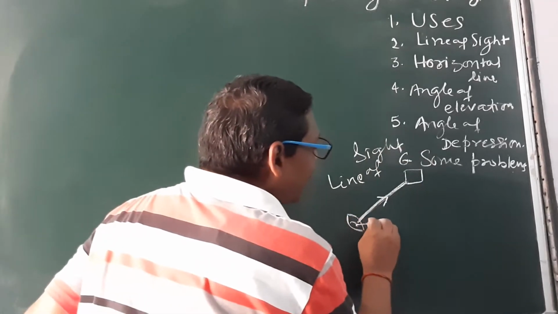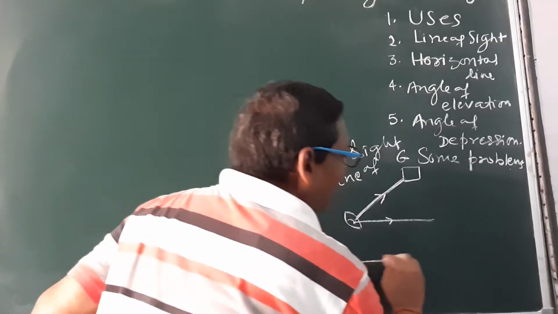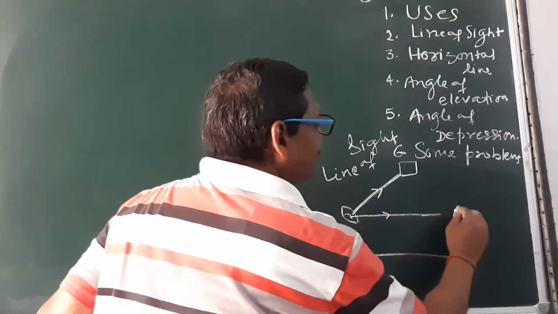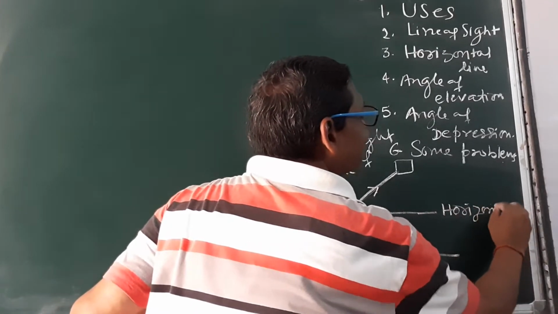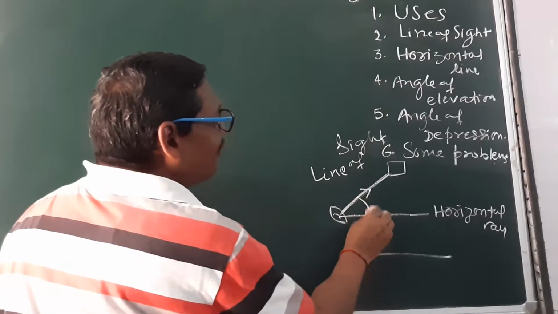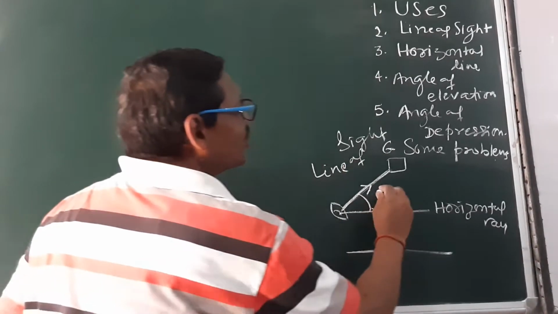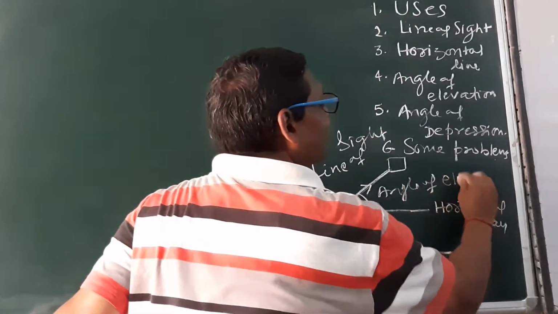Another ray, another line, passes through the eye parallel to the ground. This ray is called the horizontal ray, or horizontal line. The angle between these two rays is called the angle of elevation.